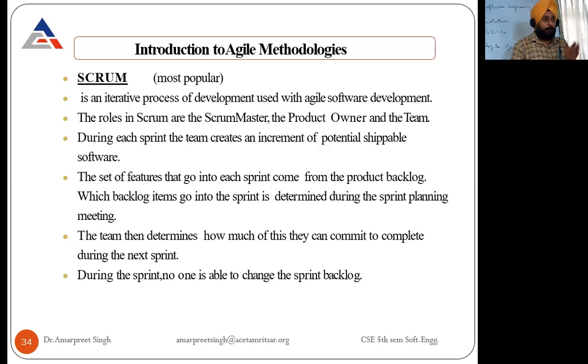Which backlog items go into the sprint is determined during the sprint planning meeting. The team then determines how much of this they can commit to completing during the next sprint, and during the sprint, no one is able to change the sprint backlog. So these are the features of this methodology, which is known as Scrum, and it is the most popular. Now look at the other methodologies also.